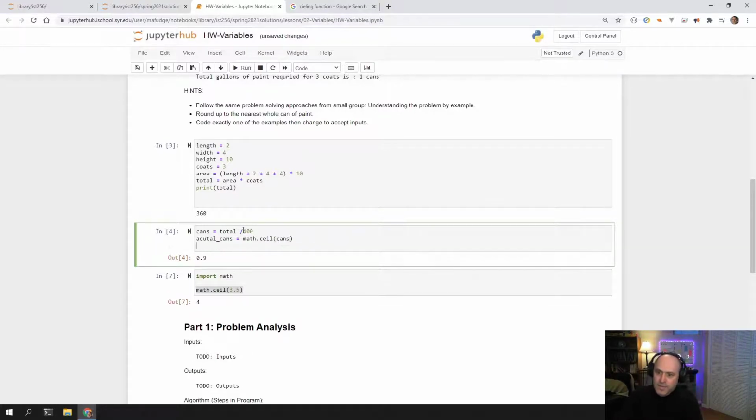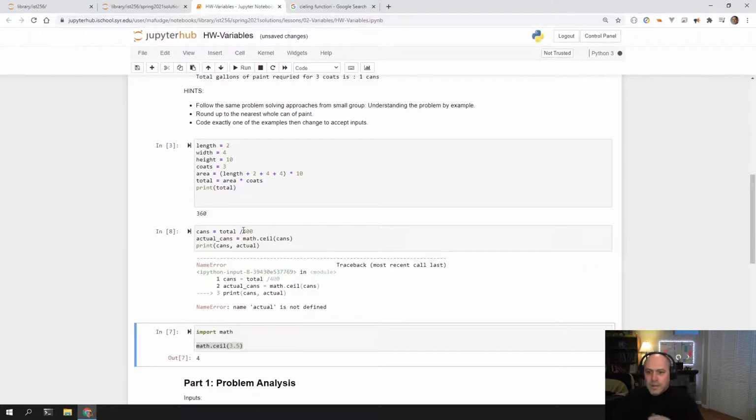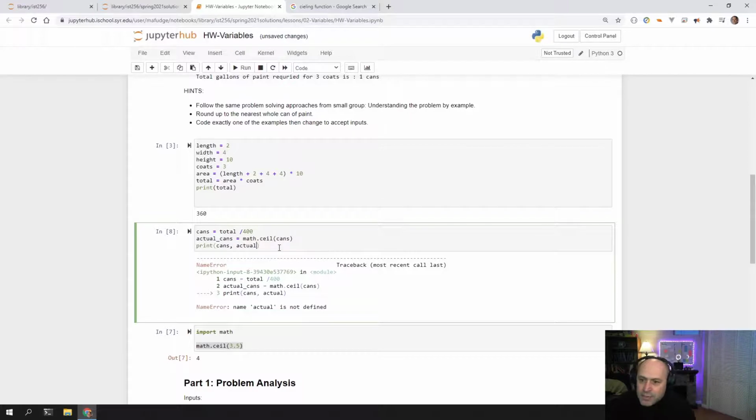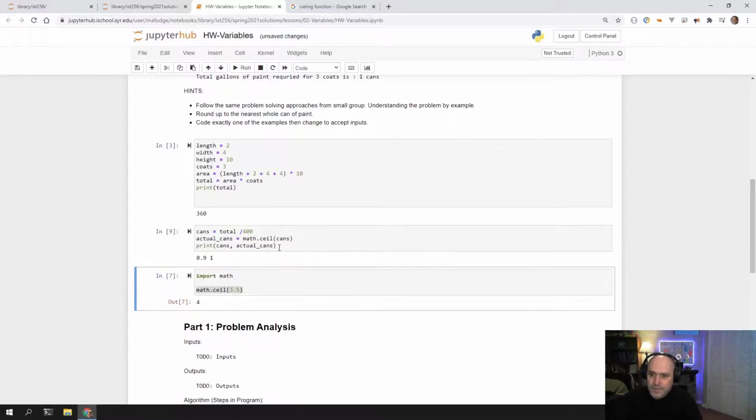And to show you this, I'm going to print cans and actual cans. There. So I need 9/10 of a can, but I actually got to buy 1 whole can.